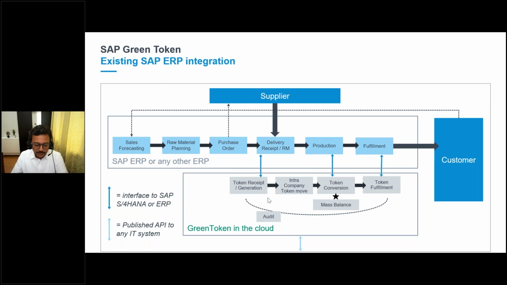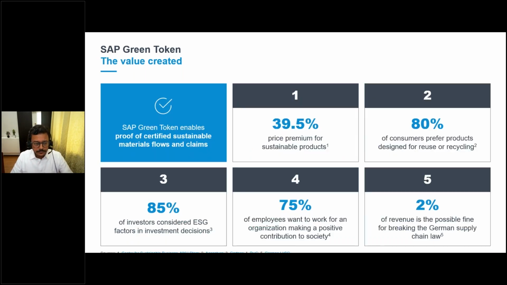And throughout all of these processes is this whole backbone of the blockchain and auditability. You can use Green Token to download various different reports and audit-related information that will make it easier to comply with different regulations and so on.